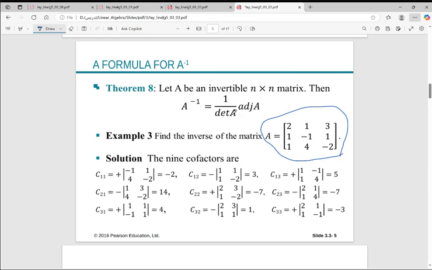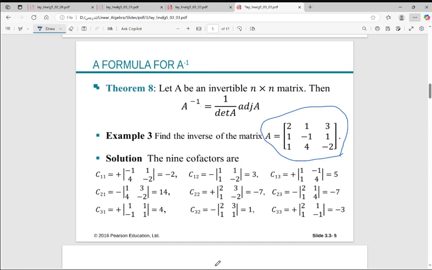This is based on the adjugate matrix, so we need to compute the adjugate matrix. We need to compute matrix C, the cofactor matrix, and then take the transpose to get the adjugate matrix.